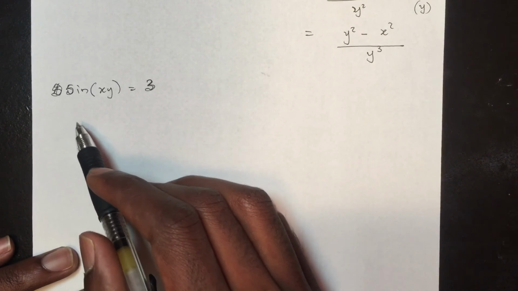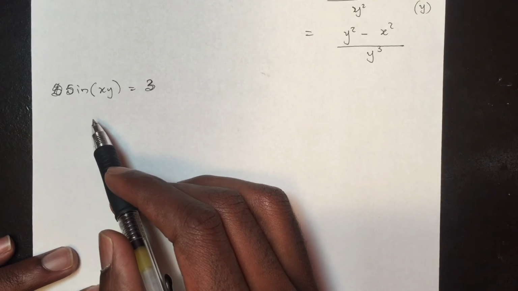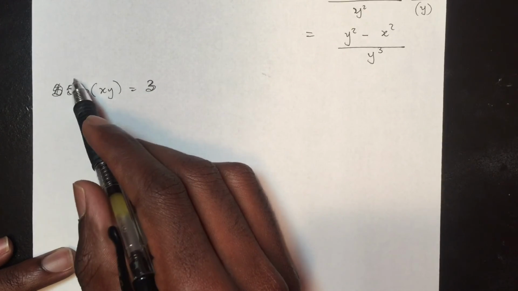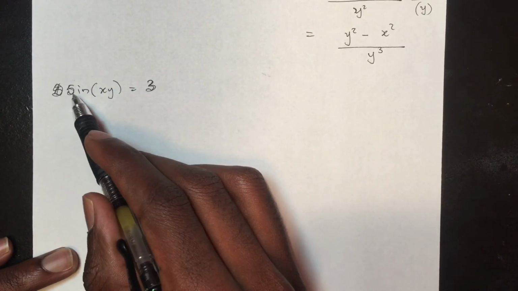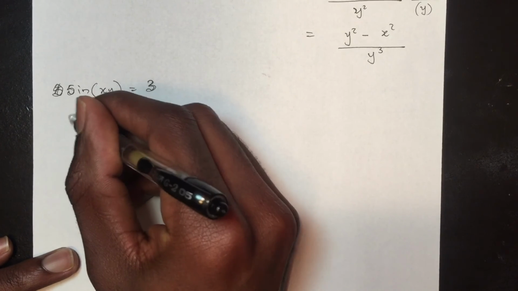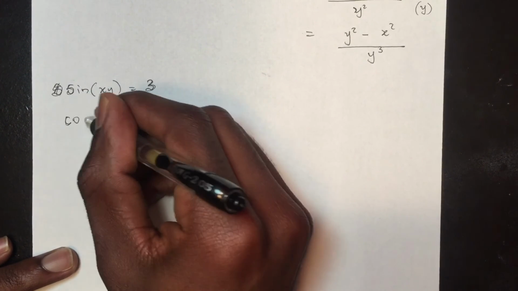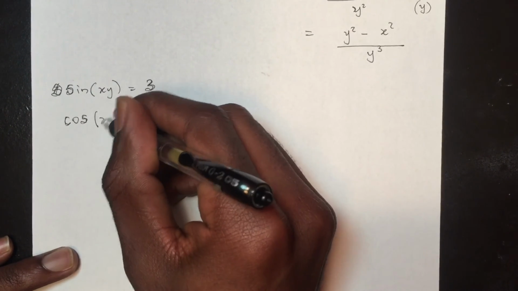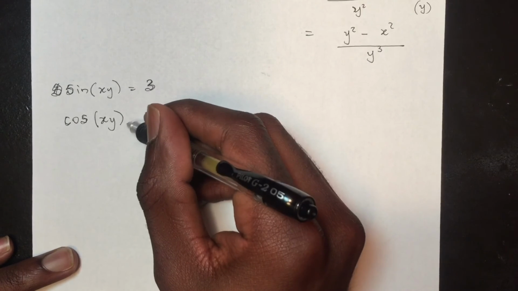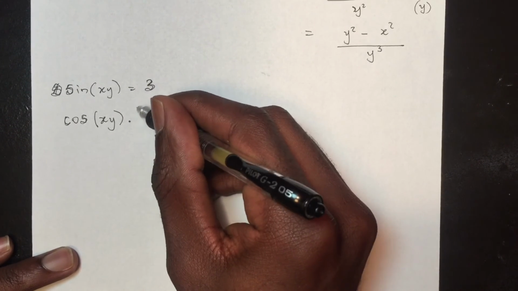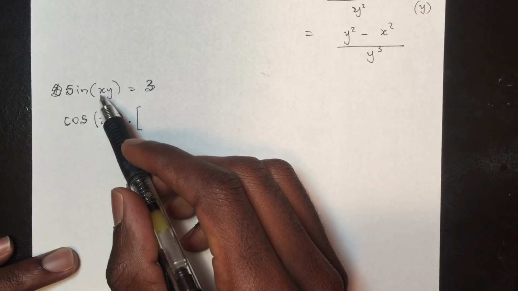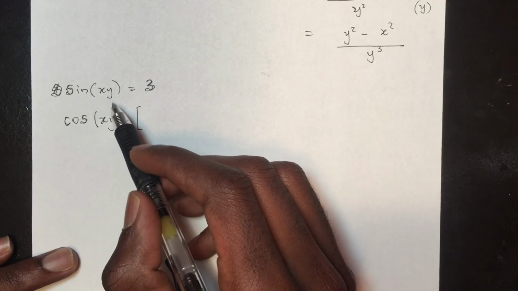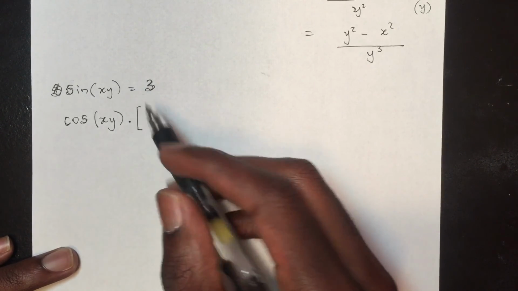So the first thing to do here is to use the chain rule to differentiate this. Let's start from the outside, cracking this shell. The derivative of sine is cosine, and whatever is inside remains the same, so xy, multiplied by the derivative of what is inside, the derivative of xy, where we use the product rule.